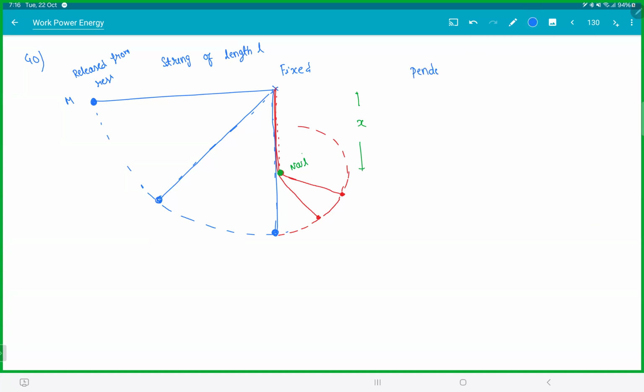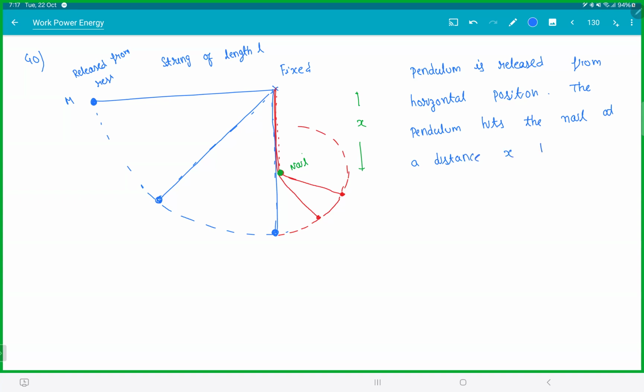So pendulum is released from horizontal position. The pendulum hits the nail at a distance x, just below the point of suspension.